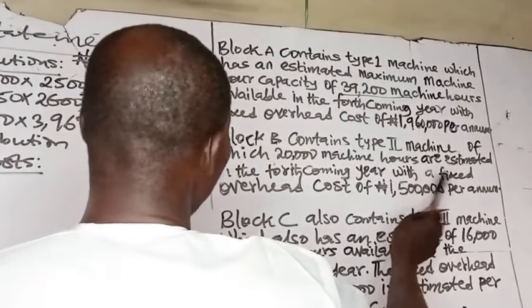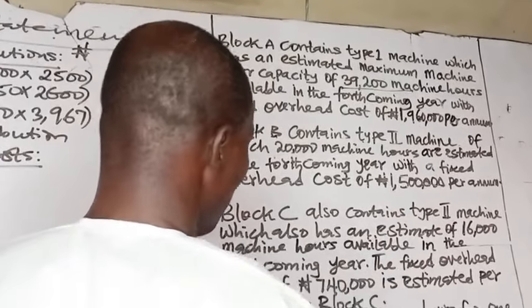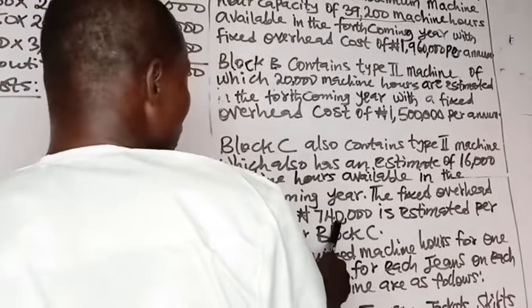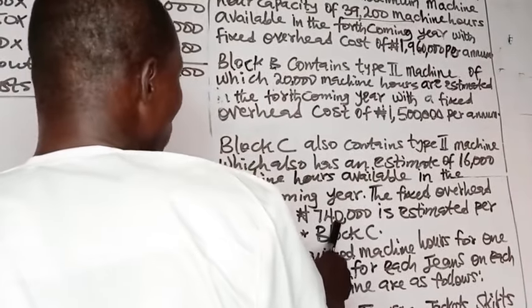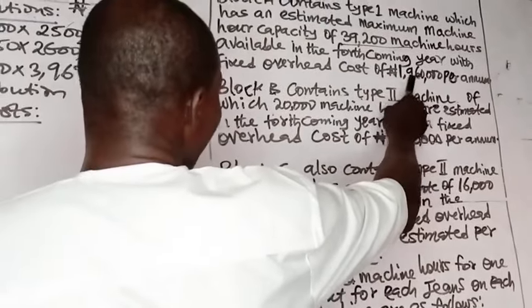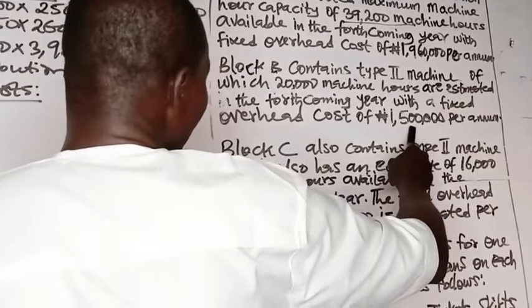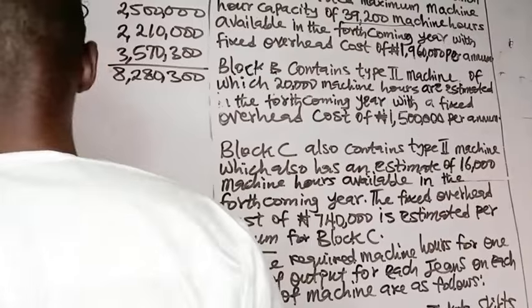From block B, you have 1.5 million. From block C, you have 740,000. So you add 1,960,000 plus 1.5 million plus 740,000.